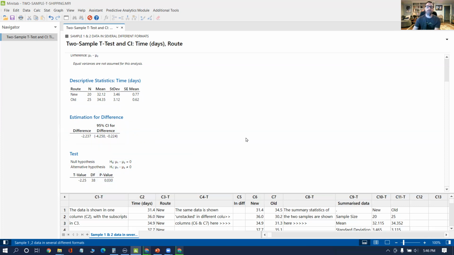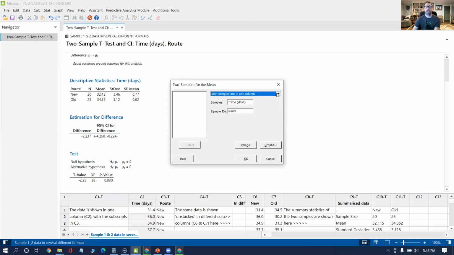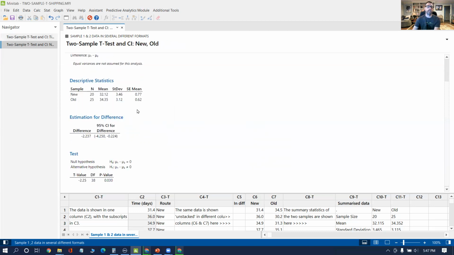Now I can also do this test with the unstacked data. We did it with the stacked data where all the values were in one column. Now if I go to edit last dialog and I choose each sample is in its own column, and I get sample 1, new column, sample 2, the old column, click on OK, and I get the exact same results.